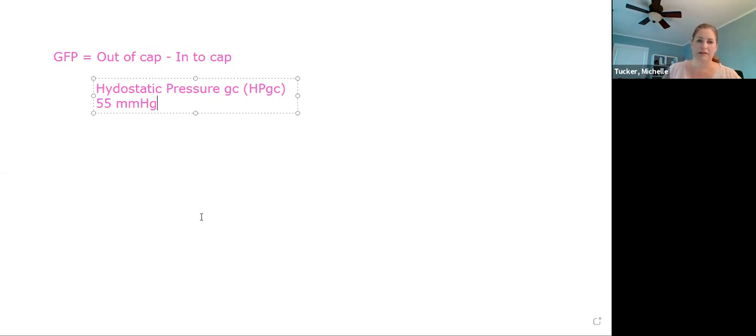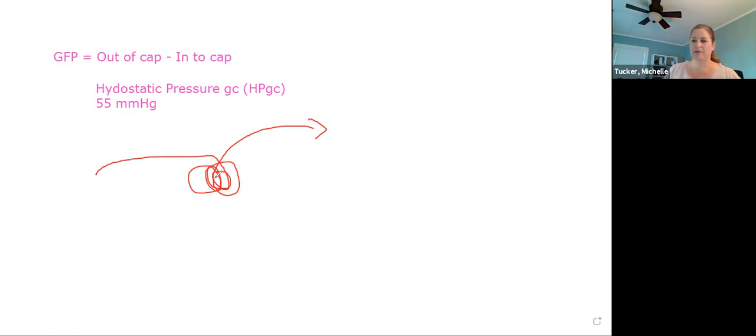So we have our afferent coming in, then we have these glomerular capillaries and the efferent coming out. It's kind of like when you put coffee in your filter and then you close the lid and the water is forced through, and hopefully you don't get coffee grounds in your coffee, you just get coffee.